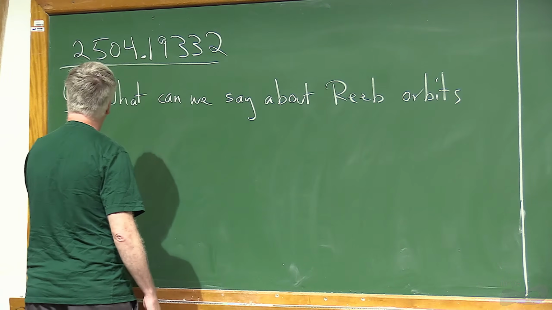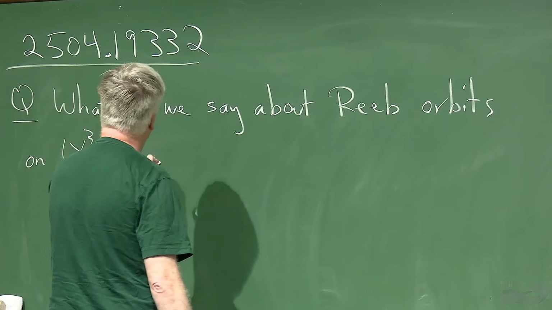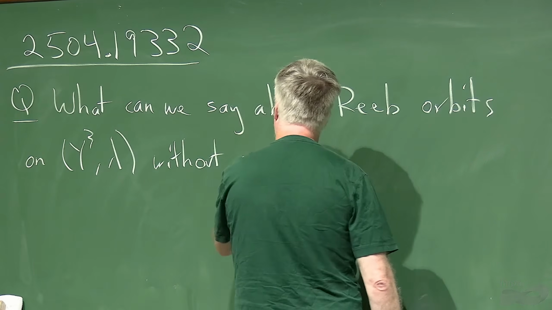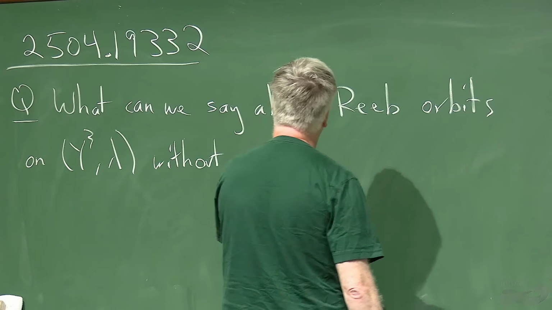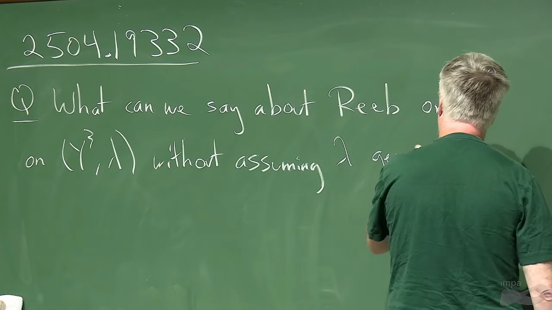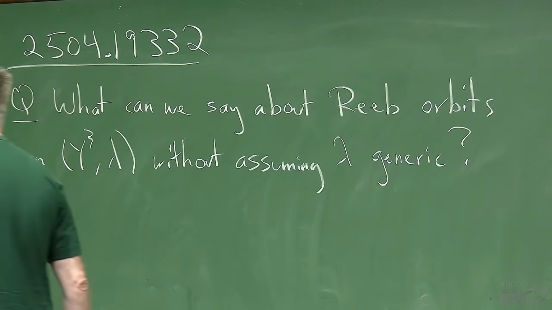what can we say about the Reeb orbits without assuming that the contact form lambda is generic? Well, there are different things you can ask.